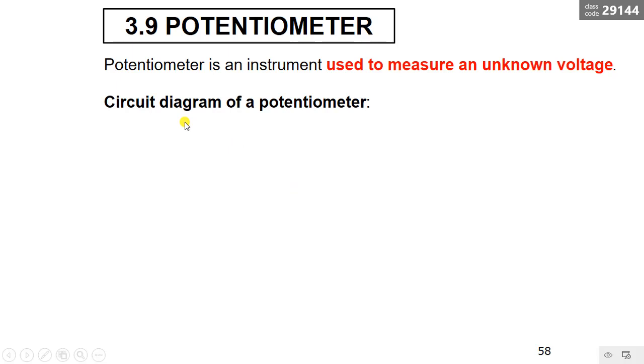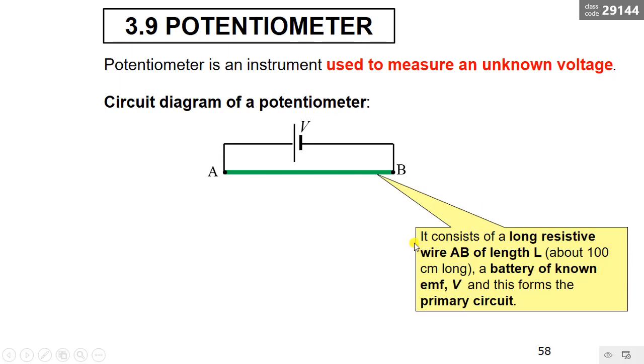Okay, so here is the circuit diagram for a potentiometer. Basically, a potentiometer consists of a long resistive wire AB of length L and a battery of known EMF V, and this will form what we call the primary circuit.